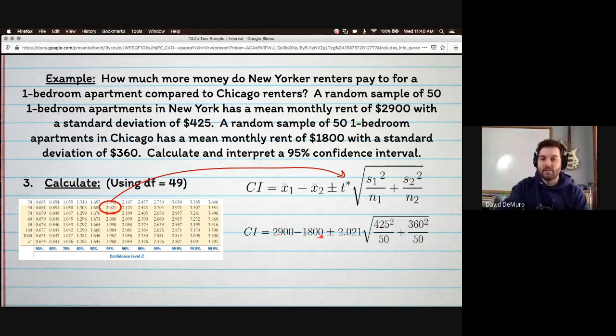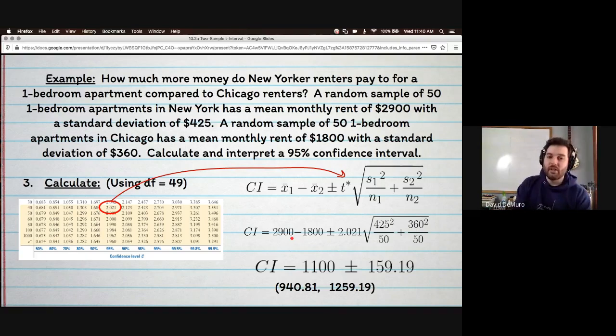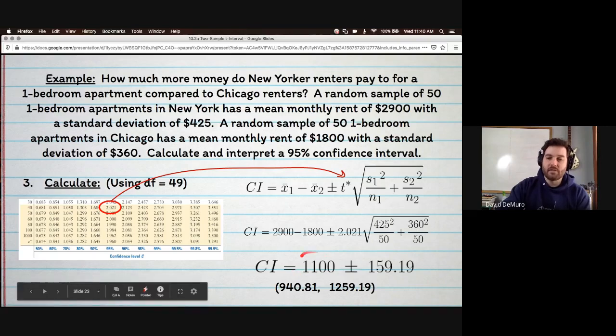If you calculate this, it looks like the average difference is that New York is $1,100 more, and the margin of error is 159.19. So our estimate says that we believe the one-bedroom apartments in New York are about $1,100 more expensive than Chicago, and that varies by about a $160 margin of error.